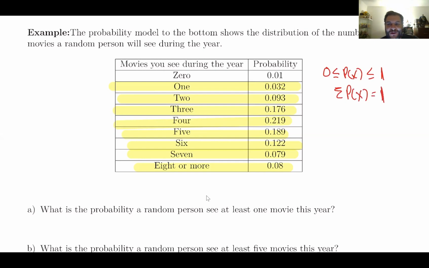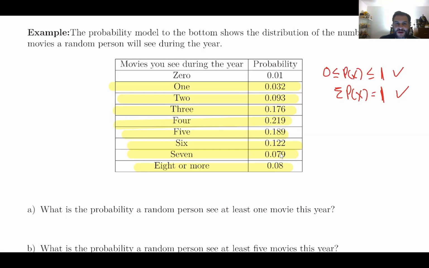We learned these 2 rules at the very beginning of chapter 5, and we're still going to use them. But the problem is not telling me to check for these conditions, so we could already assume both of them had been met.